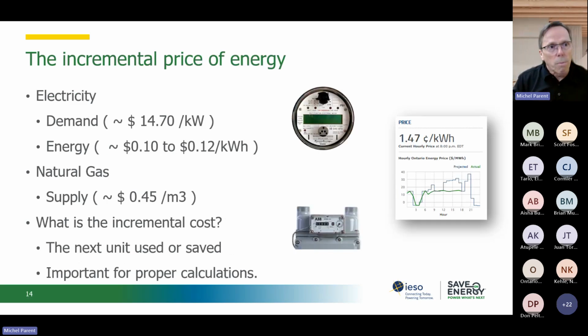So again, summary, remember you need to know the incremental price of your energy, because that's what you need to apply to your heat pump consumption, and you need to know your demand cost very well, and whether the heat pump is going to be on peak demand, because then you're going to incur a demand cost.